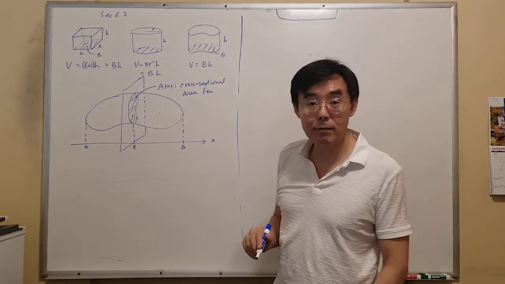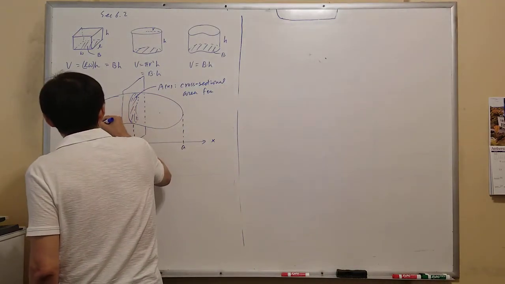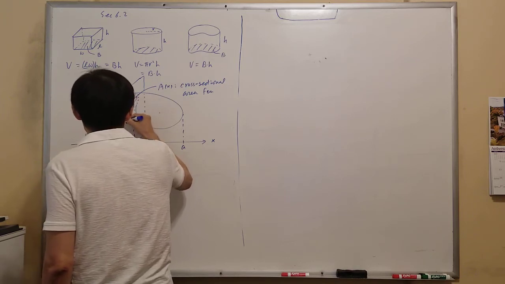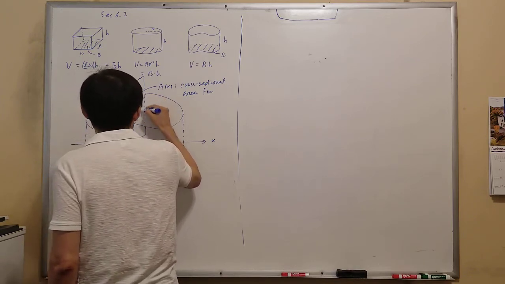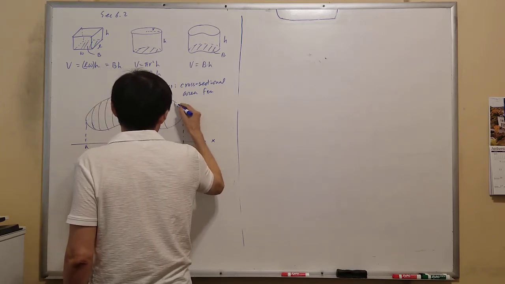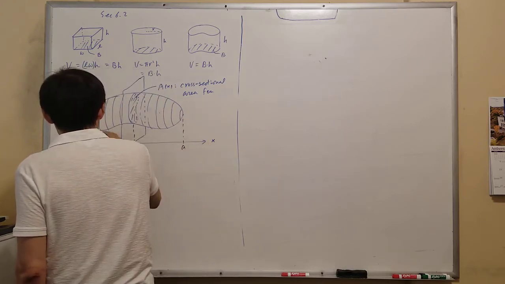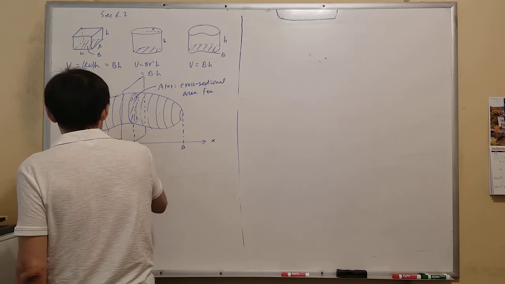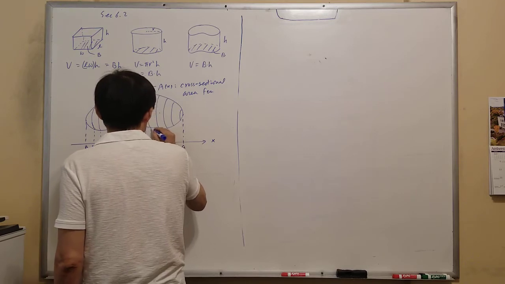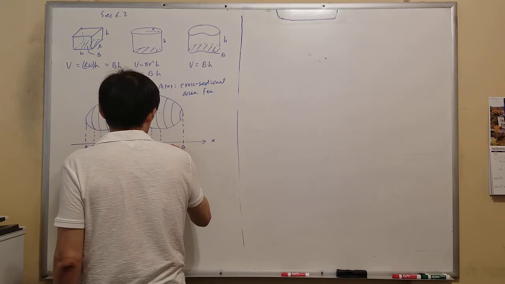Now, how do we find the volume? At least an approximate value. We think about cutting this into thin slices. Think about thin slices. And let's say x sub i minus 1, x sub i.